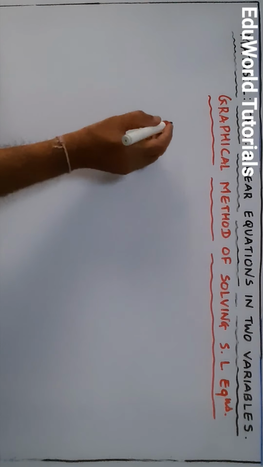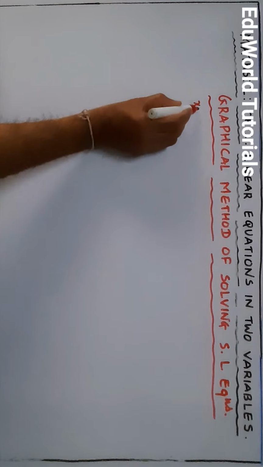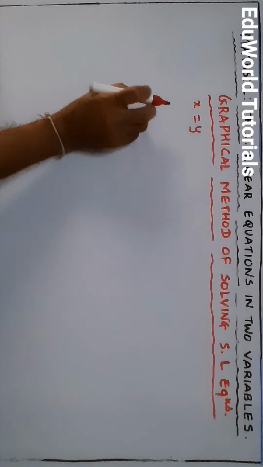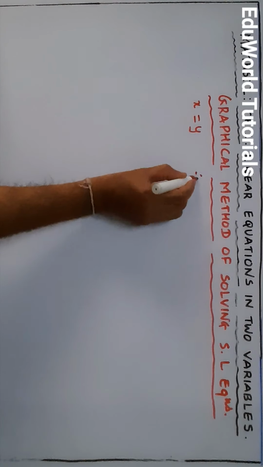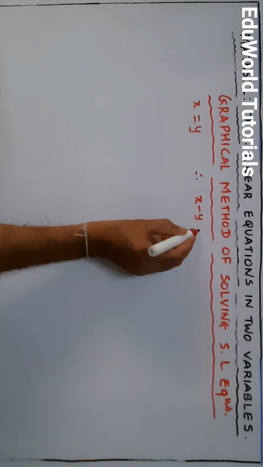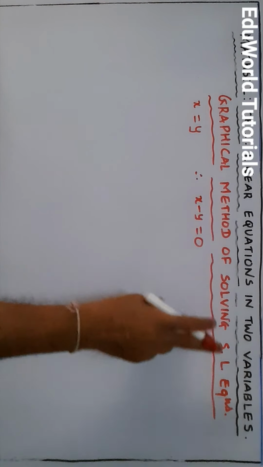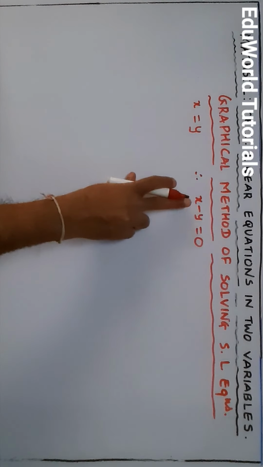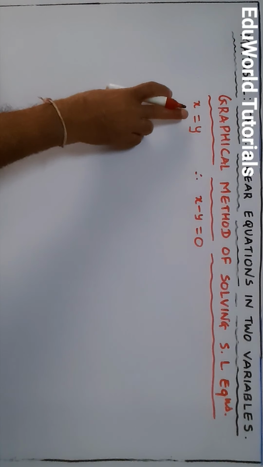Suppose there is an equation having two variables, x is equal to y. What is the meaning of this? x equal to y means the equation becomes x minus y equal to 0. Is it a linear equation in two variables? Yes. As I brought y to this side, it becomes x minus y equal to 0.